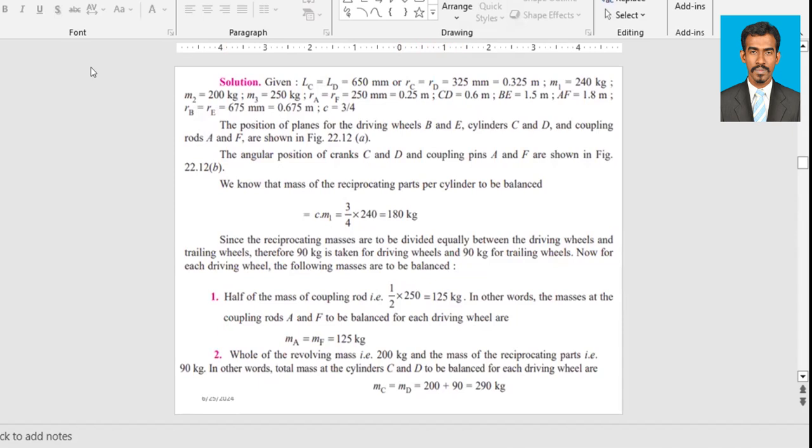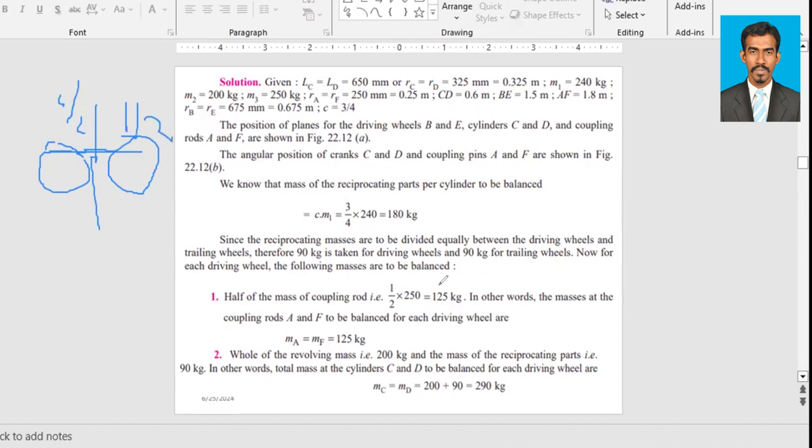Why? Because we know that if you have two wheels here, one like this and one like this, and a coupling rod joining these two, the balancing needs to be divided in half. Half of that here and half of that here.